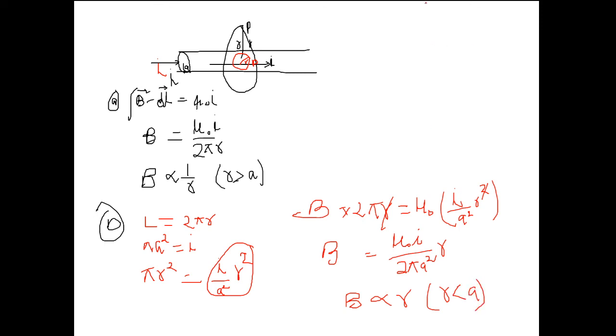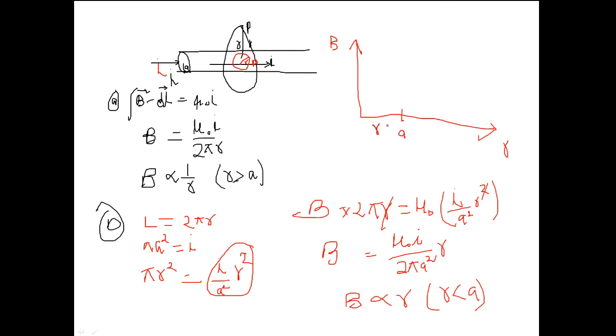So from here, if we plot a graph showing B versus r, this is B and this one is r. Let this be the radius of the wire.